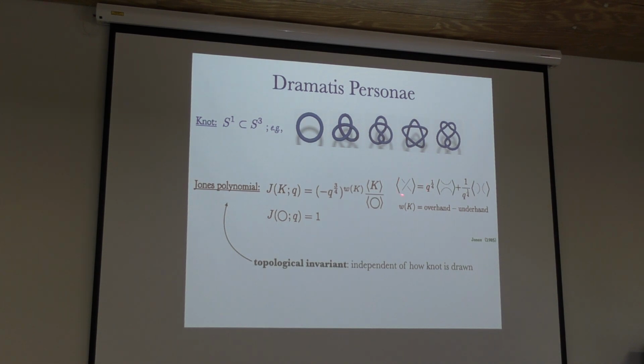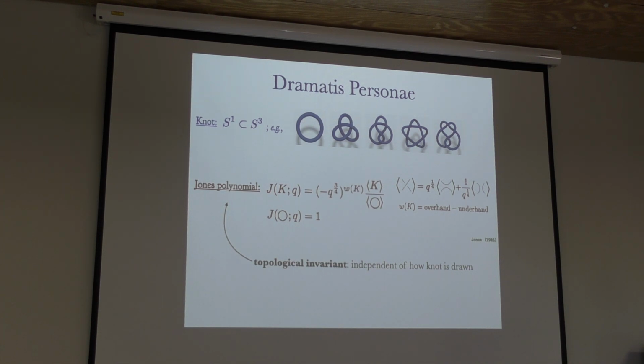And then there are the so-called skein relations, which let you simplify this crossing into these two things. You can apply these skein relations in order to construct this invariant, and then you take the ratio with the unknot to get the actual polynomial, with this weighting factor in front. There's also some issue of framing that I won't get into, but there are some prescriptions for computing these Jones polynomials in this way.